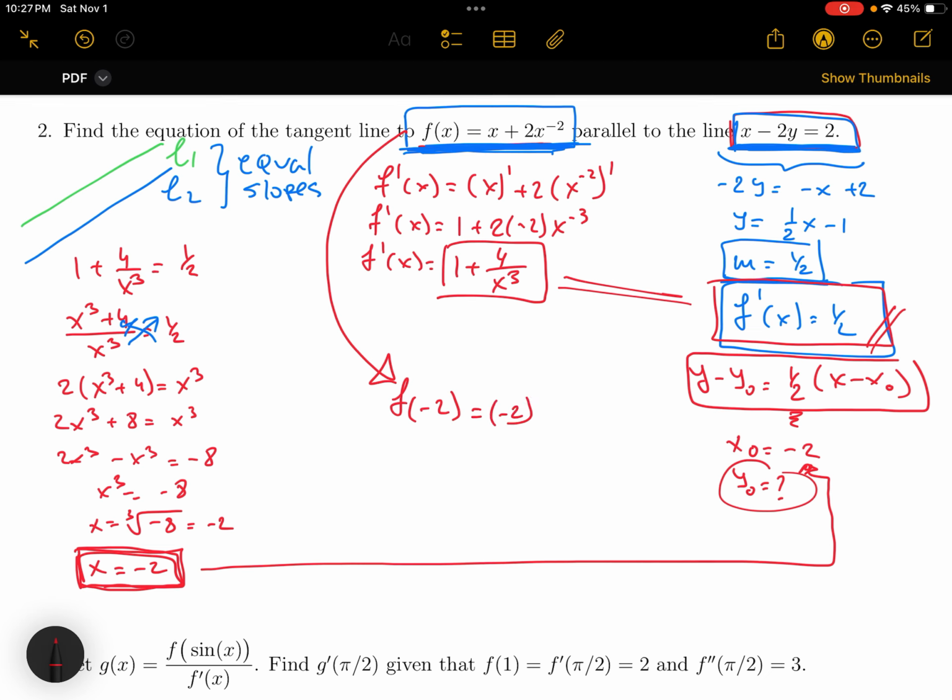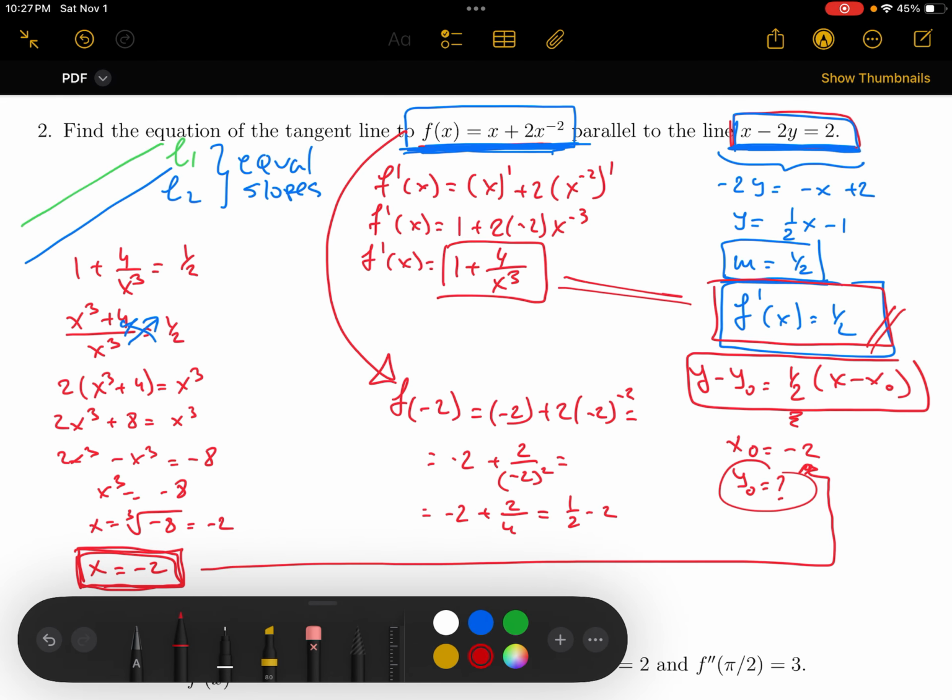That's negative 2 plus 2 times negative 2 to the power negative 2. That's negative 2 plus 2 over negative 2 squared. Negative 2 plus 2 over 4. That's 1/2 minus 2, right? Because these two cancel out.